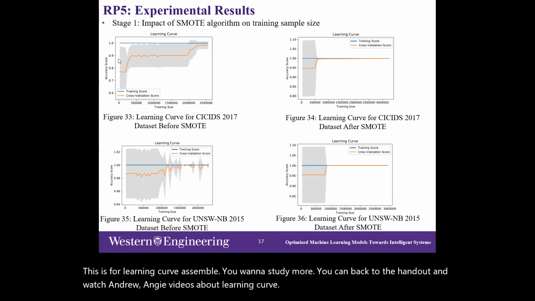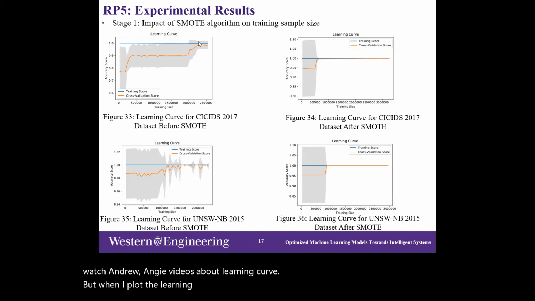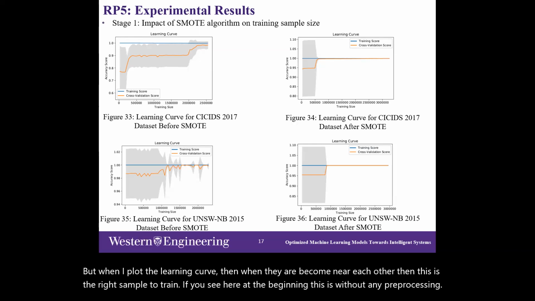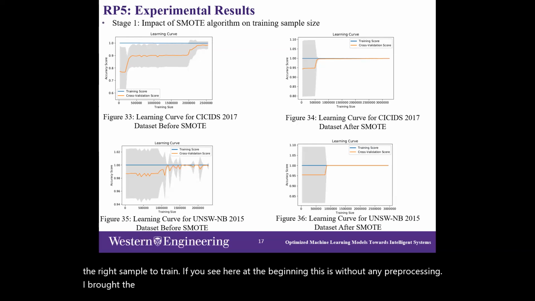When I plot the learning curve and they become near each other, then this is the right sample size to train. Here at the beginning, this is without any pre-processing. I plotted the training data without normalization, without SMOTE, without anything.